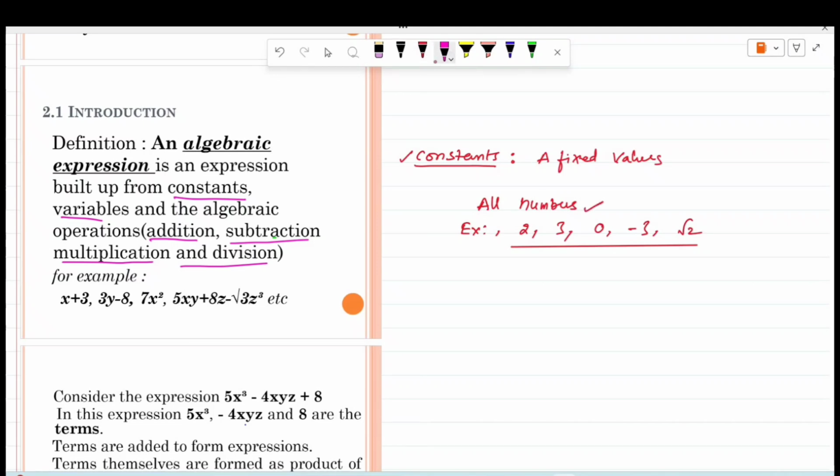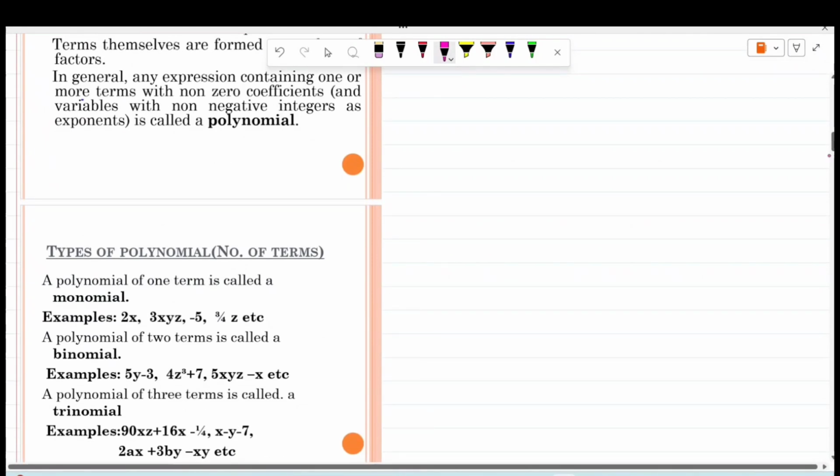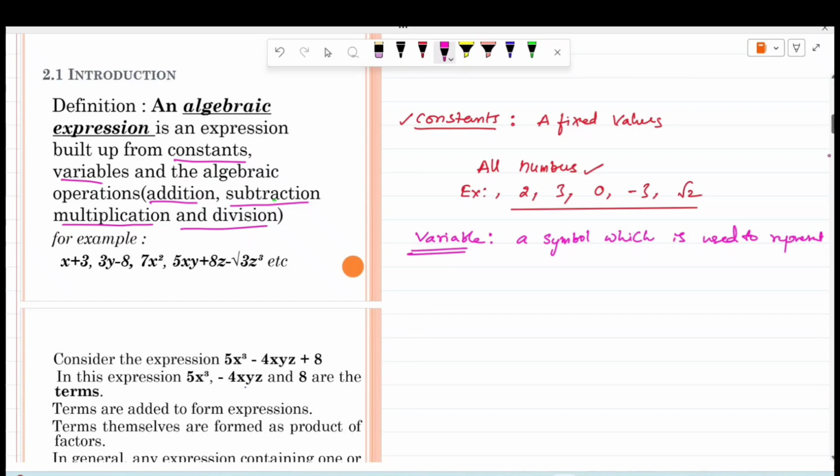Next one we should know is variable. What is meant by variable? Variable simply means it varies. So we can say it is a symbol which is used to represent unknown conditions or unknown situations.